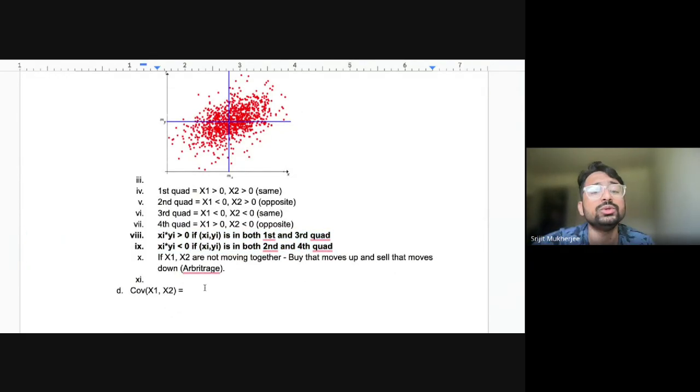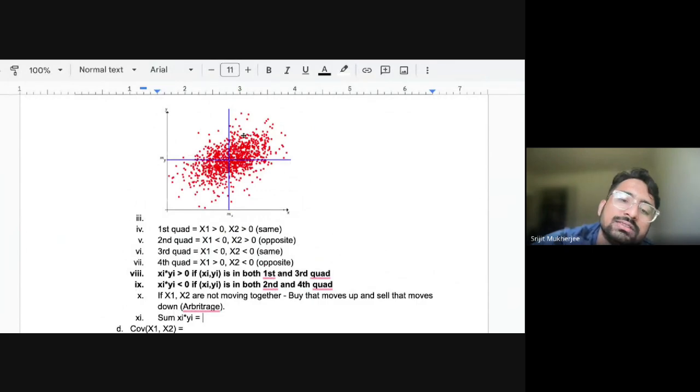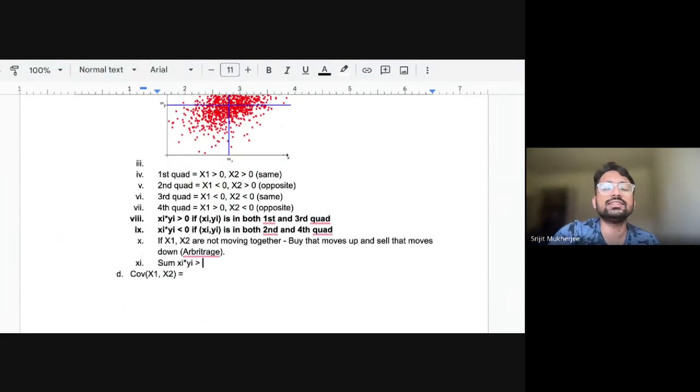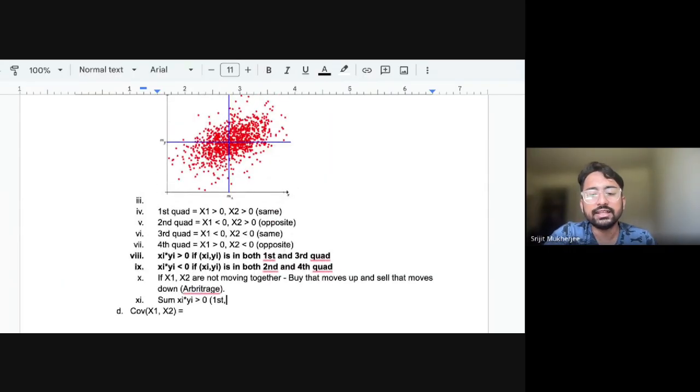So one way to do this is that we sum all the xi yi's. If the sum is greater than 0, that means the first and third quadrants have surpassed the second and fourth quadrants.